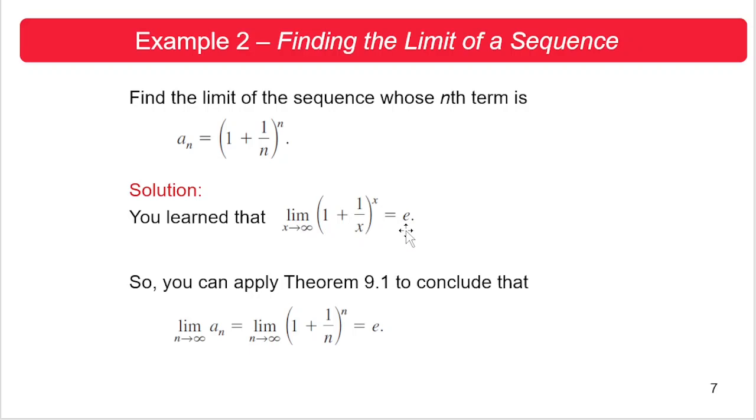After evaluating the limit of this function, we will now apply theorem 9.1 from the previous slide, and we can therefore conclude that the limit of this sequence whose nth term is given by a sub n as n approaches infinity is also the same as the limit of 1 plus 1 over n, quantity raised to n, as n approaches infinity, which is equal to e, because from this discussion, the limit of this function is e. Therefore the limit of a sub n is also equal to e.